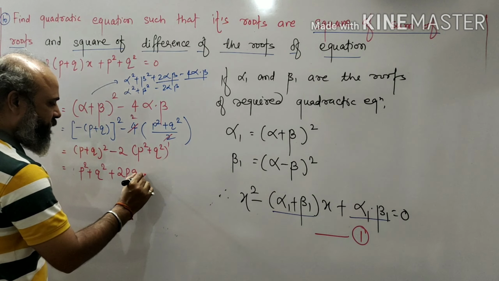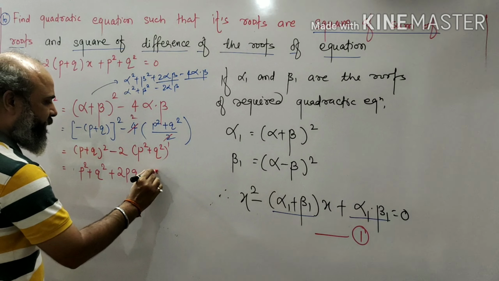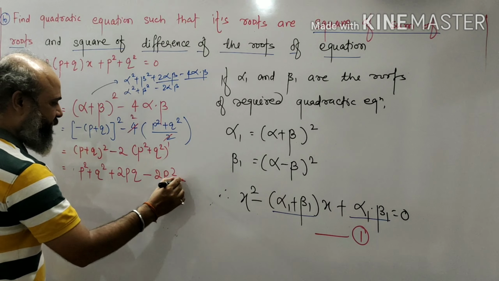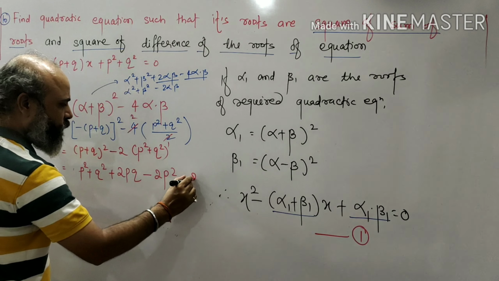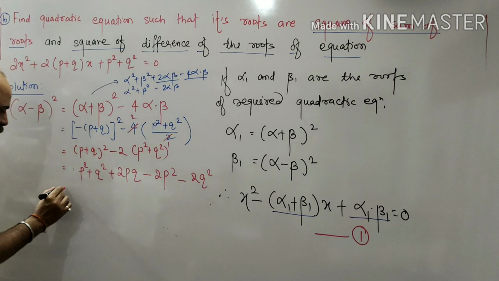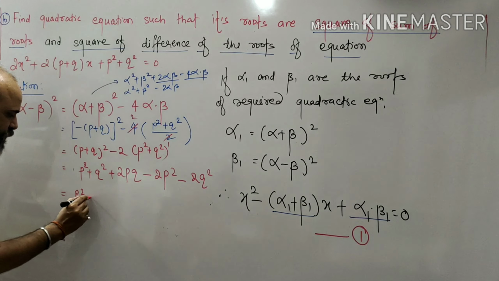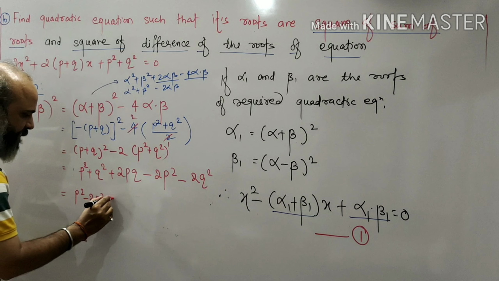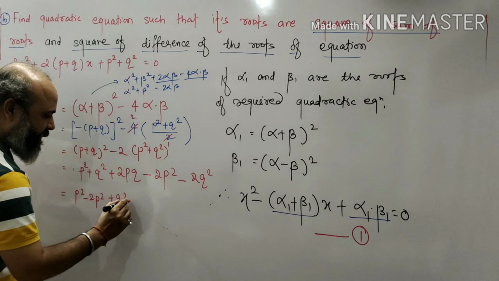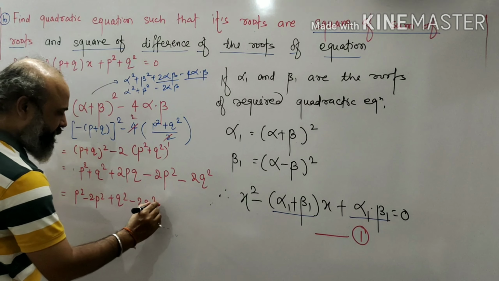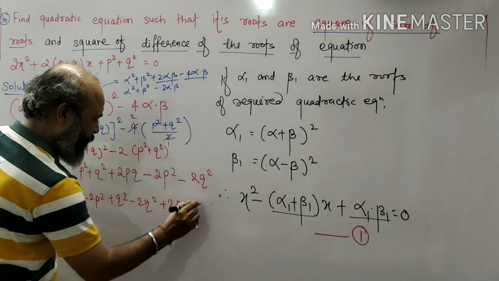Open the bracket: minus 2p square, because minus into plus becomes minus, 2q square. So write p square, then minus 2p square, then plus q square, minus 2q square, and then plus 2pq.